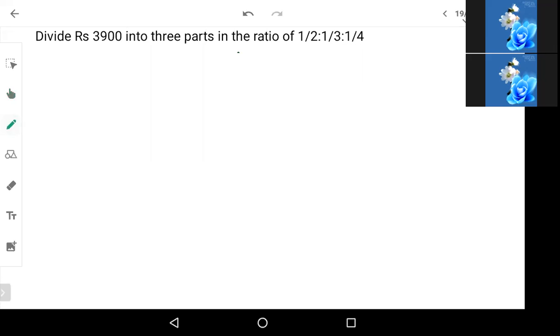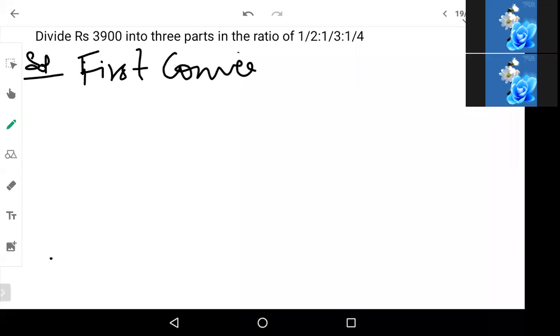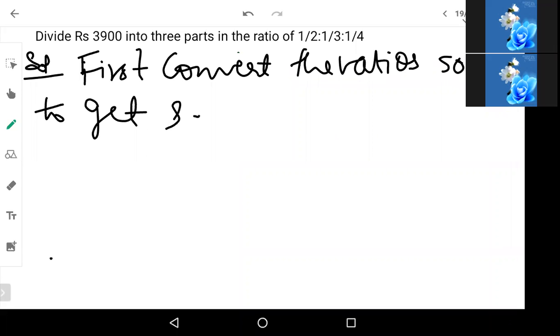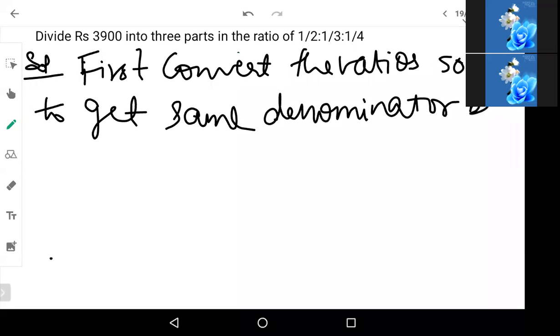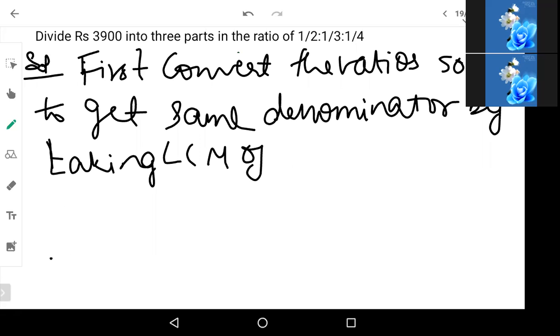So first, convert the ratios so as to get the same denominator by taking the LCM of denominators 2, 3, 4.